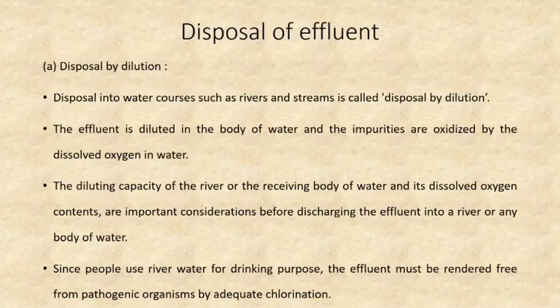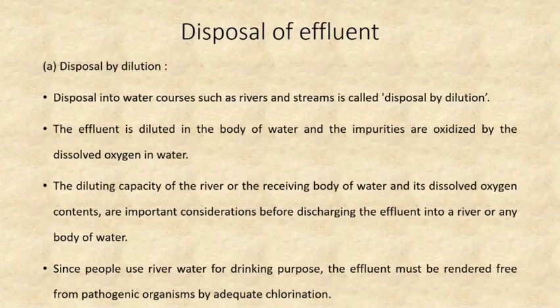Then there is the disposal of effluent, which is remaining after sludge digestion. It is also disposed of by two methods, the first being disposal by dilution. Disposal into water sources such as rivers and streams is called disposal by dilution.